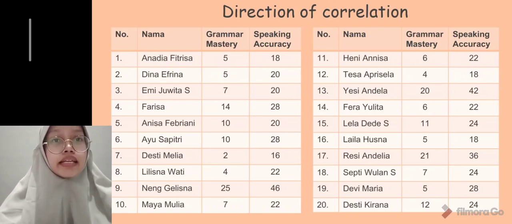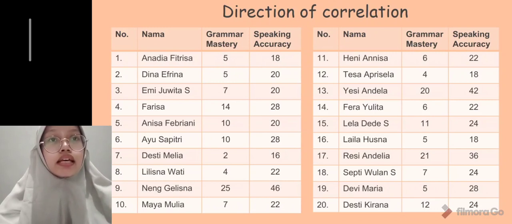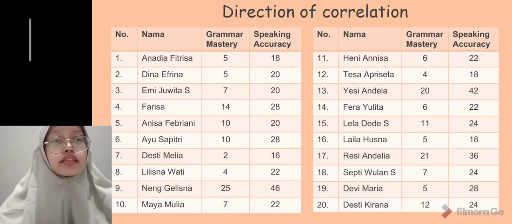Resi Andelia, the score of grammar mastery is 21 and the score of speaking accuracy is 36. Sabti Ulan S, the score of grammar mastery is 7 and the score of speaking accuracy is 24.